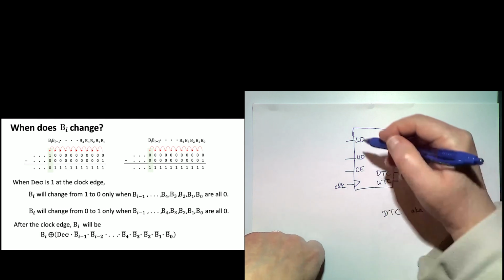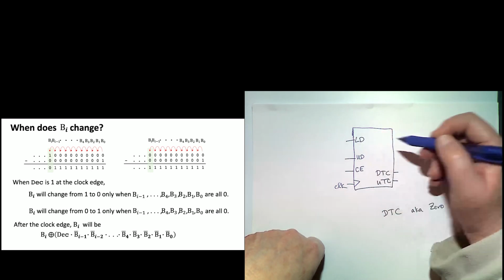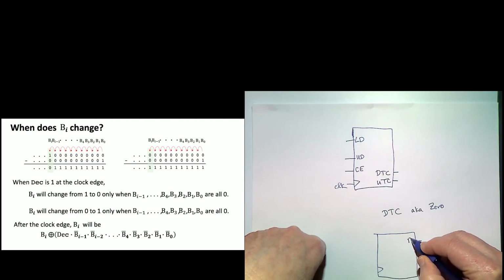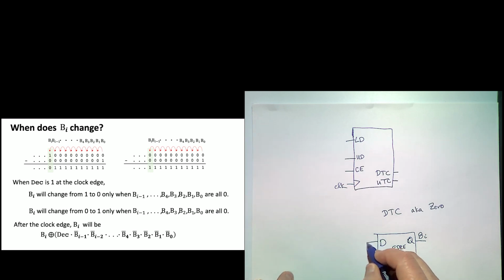So you're going to need to add additional circuitry to the flip-flops, because if you look at one of these flip-flops, say that's holding bit i, we need to choose... I can't seem to draw today.